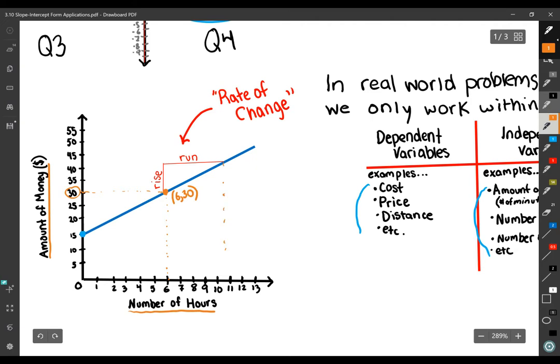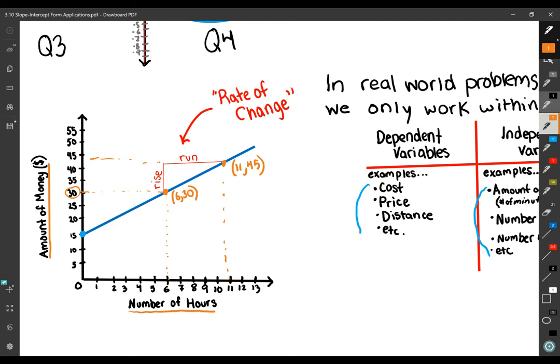Similarly, let's say this lines up with 11 and this lines up with 45. I know it's not perfect, but when I work 11 hours, I would make $45 or something like that. So you would get your rate of change from the graph, okay?